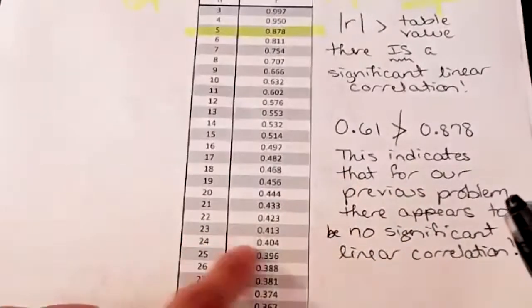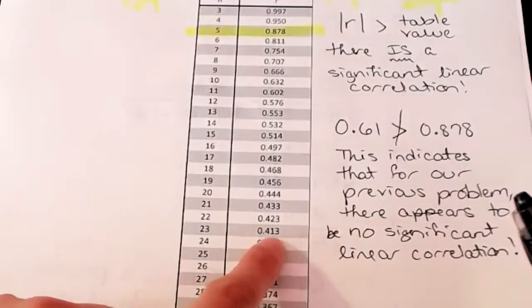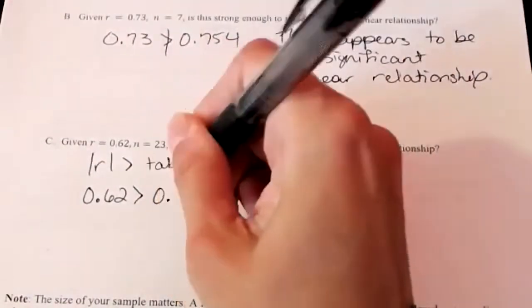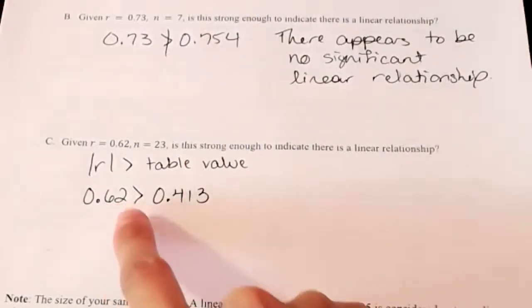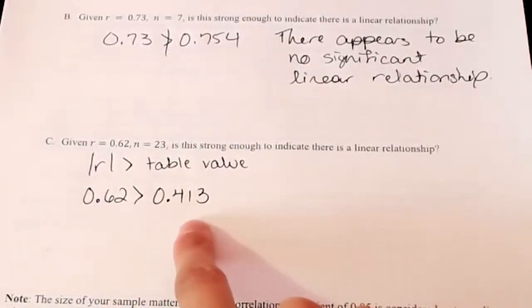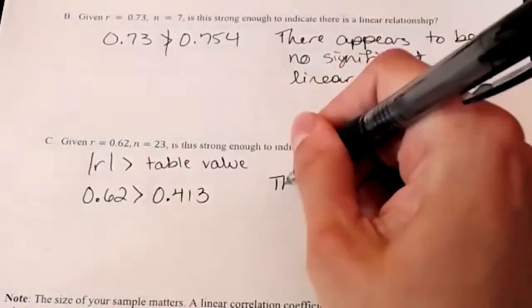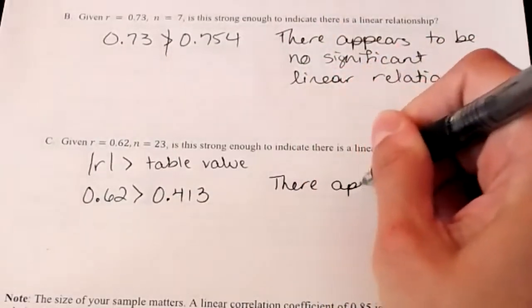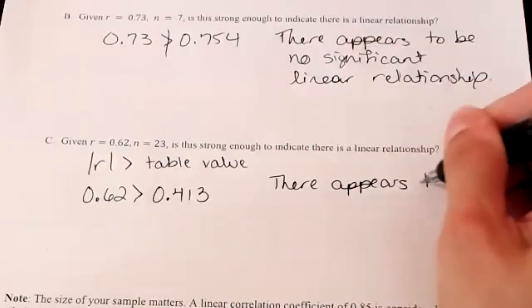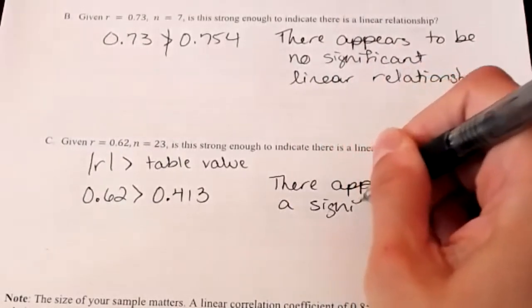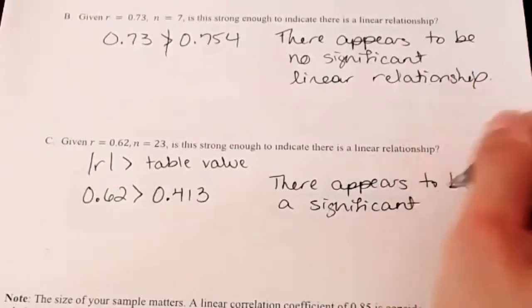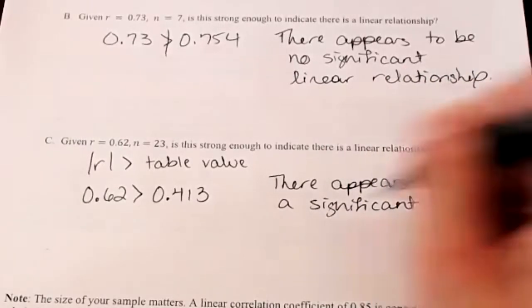When n is 23, we find the table value of 0.413. So I'm going to fill this spot in with 0.413. Notice that 0.62 is in fact greater than 0.413. So there appears to be a significant linear relationship. So yes.